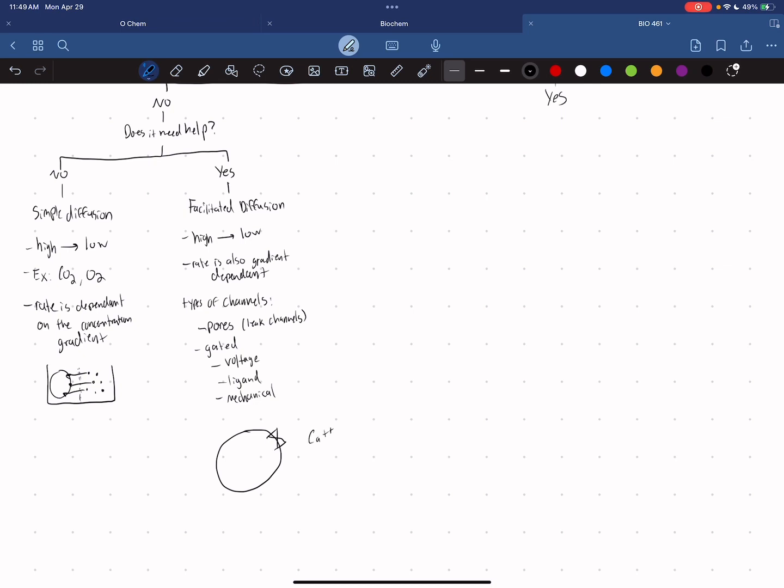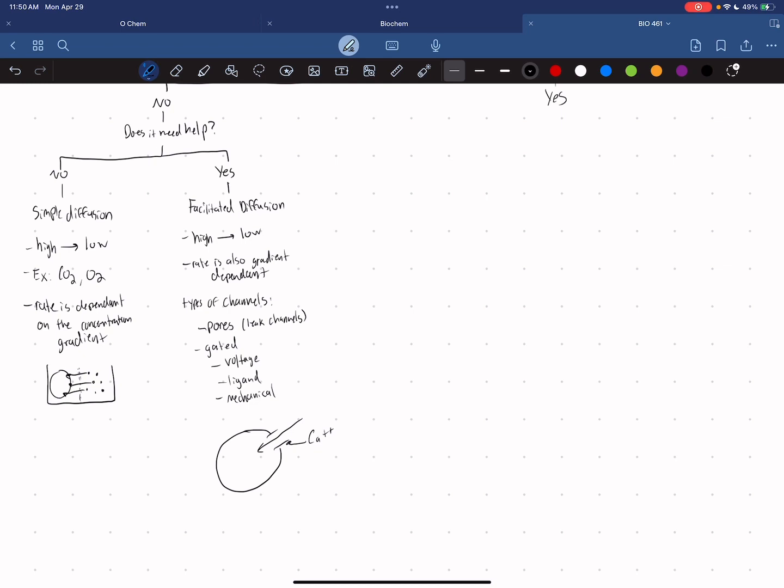So this calcium or another molecule would need to bind to this opening right here, in order to cause this channel to open to allow molecules or ions to go in. So each one of these gated channels requires specific molecules or ions in order to open the channels, in order to allow for movement in and out of the cell.